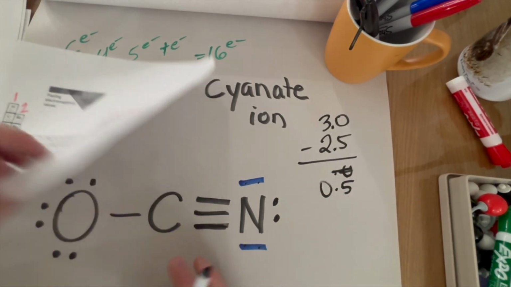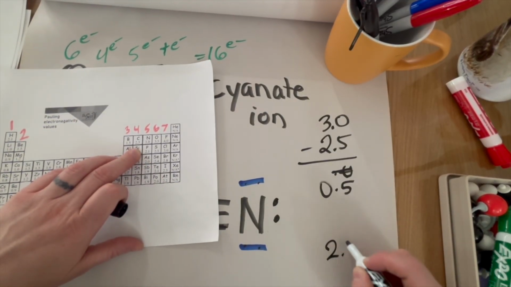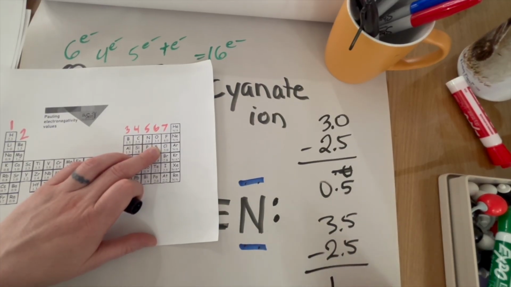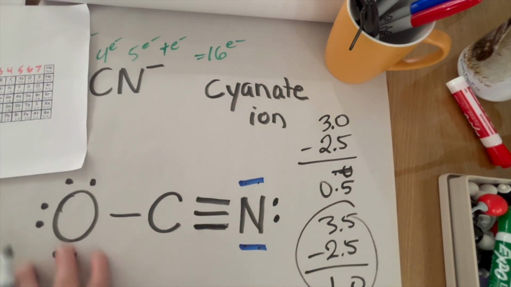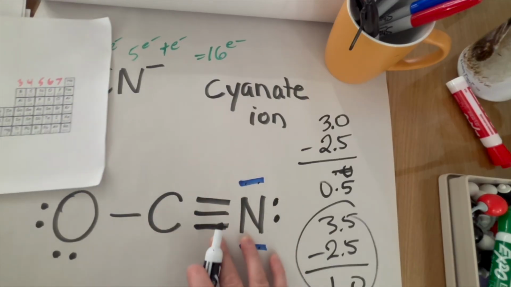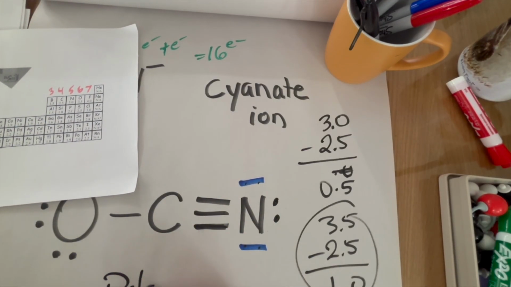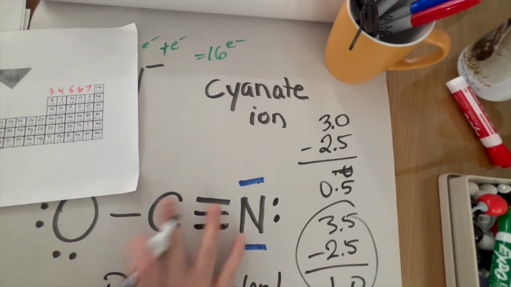And then for oxygen and carbon, carbon again has the 2.5 and oxygen is 3.5. So it has a 1 difference. So we have a definitely polar covalent bond there, and the first one is closer to non-polar, but it's still polar. So together they are polar covalent bonds.